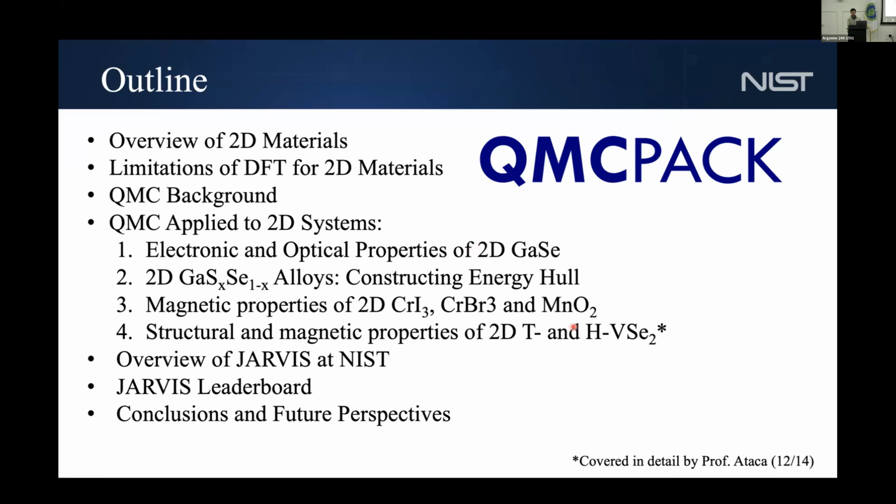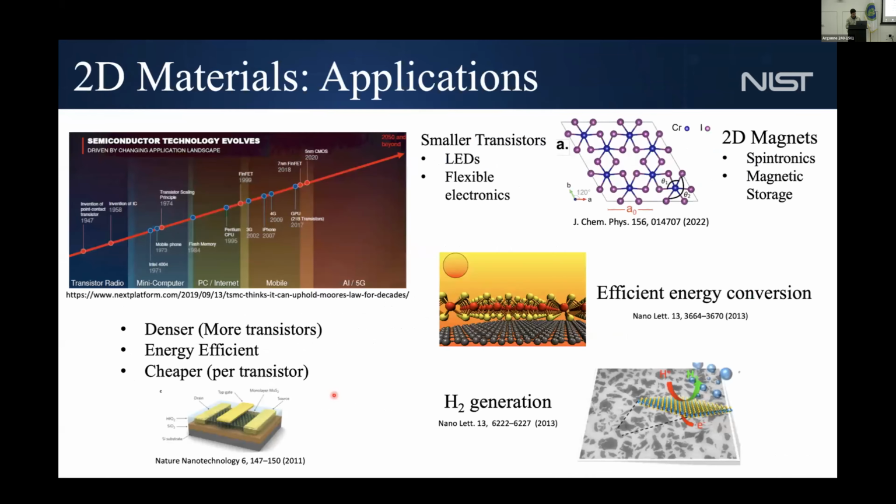And I'll talk briefly about some current work about 2D vanadium diselenide, but this will be covered more in detail by John tomorrow morning. I'll also talk a little bit about some of the work going on at NIST as part of the Jarvis project, specifically our benchmarking effort of the Jarvis leaderboard, and some conclusions and perspectives.